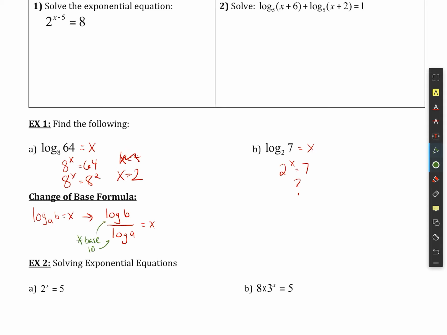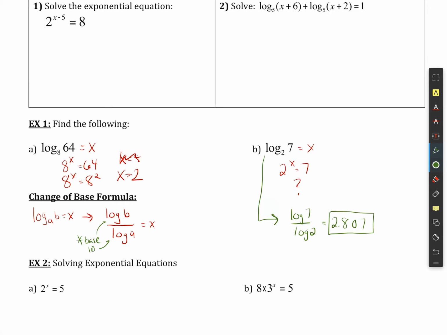If we go back to this example, we can't convert and solve. So we rewrite this as log 7 divided by log 2. We plug this into our calculator and we get 2.807. So we can use what's called the change of base property, which is using our calculator to give us our final answer in this situation.